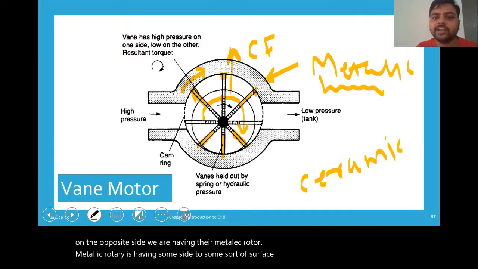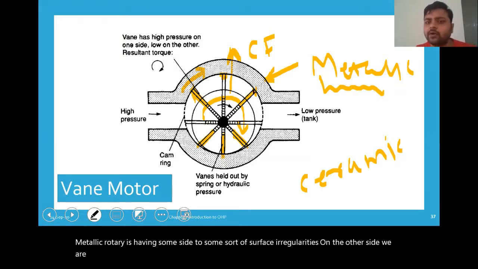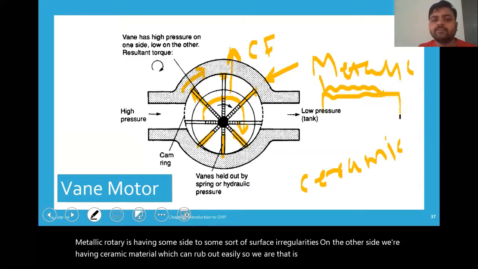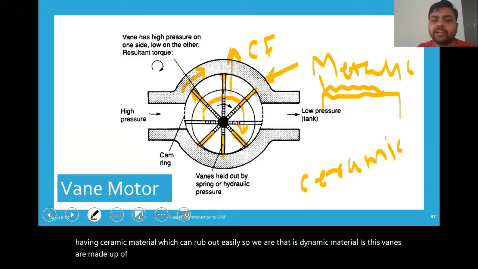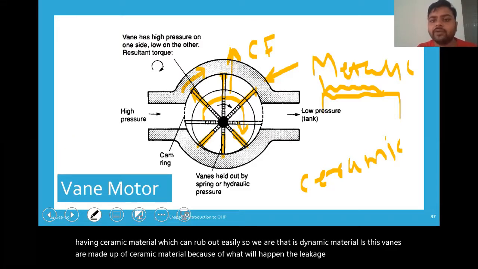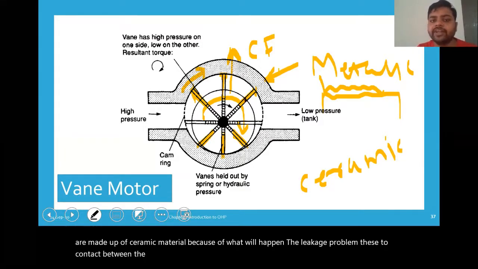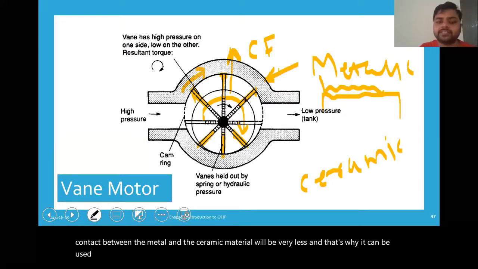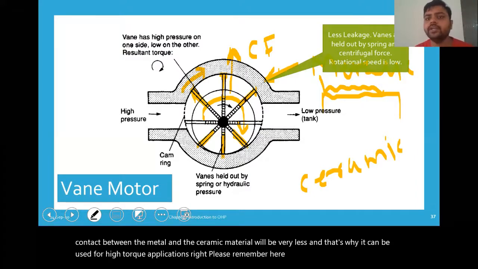On the other side, we have a ceramic material which can rub out easily. So the vanes are made of ceramic material, because of which the leakage from the contact between the metal and the ceramic material will be very less, and that's why it can be used for high torque applications.